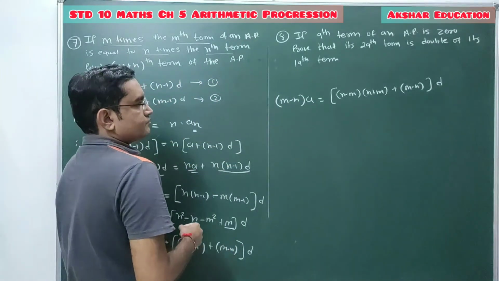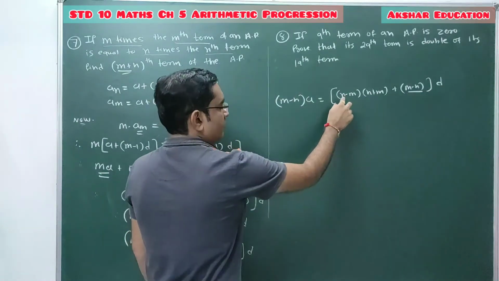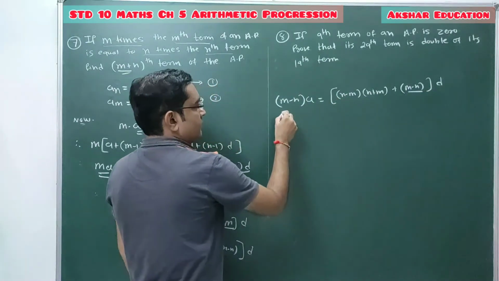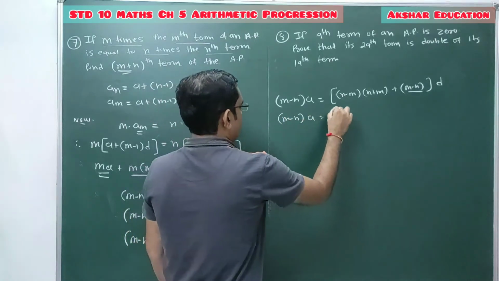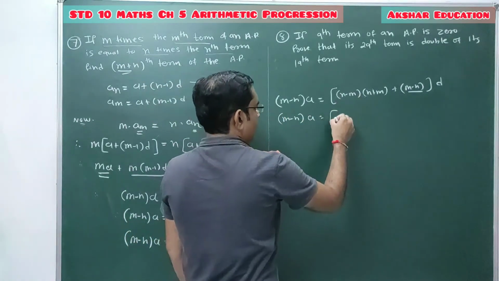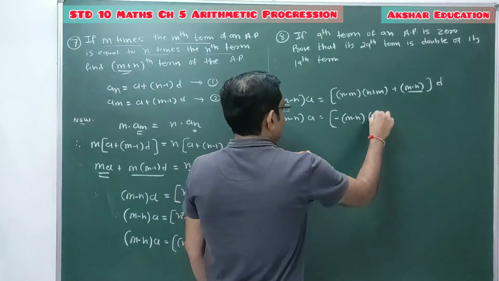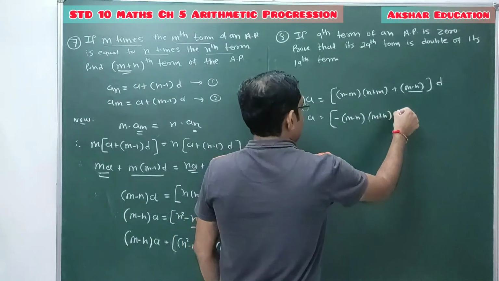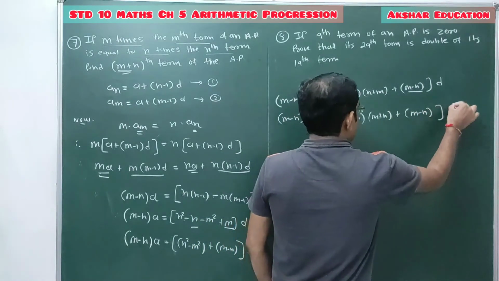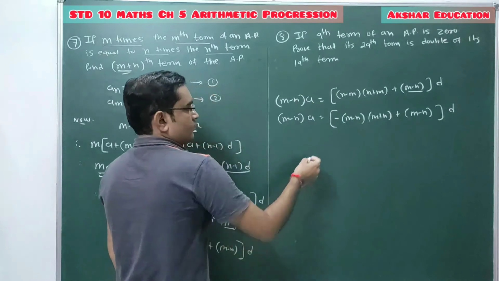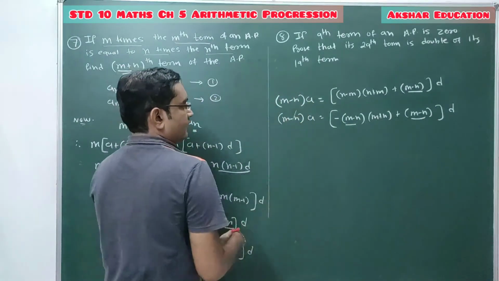Clear students? Now this is m minus n, and here n minus m is there. So again taking minus n common over here. So what we are getting, (m minus n) into a equal to, keeping minus constant, so this will be (m minus n)(m plus n) plus (m minus n) into d. So from this bracket we can take m minus n as a common, and it will be cut.